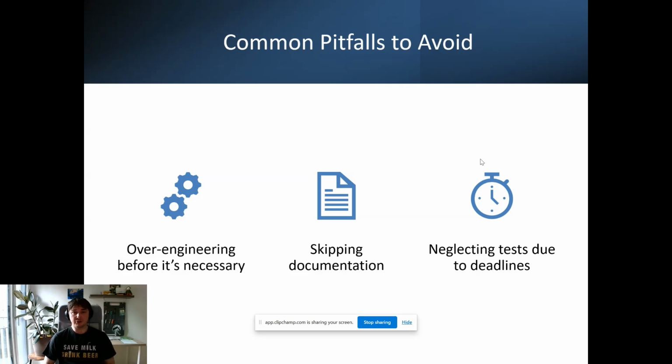Then, as I said, if you skip the documentation and you come back to your project one month later, you basically have to start anew, and it's quite complicated and really bad for you. And I'm speaking from my own experience. And the last one is to neglect tests due to deadlines or just due to laziness.